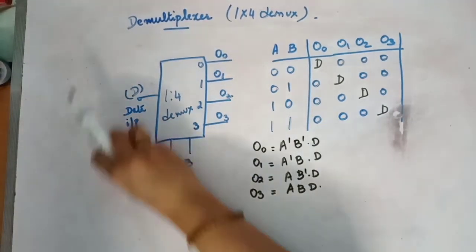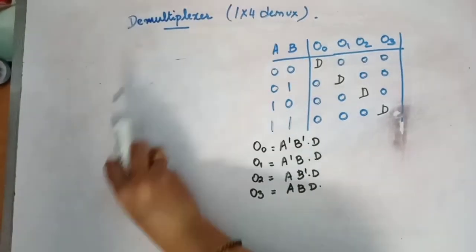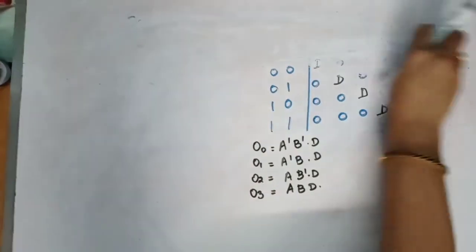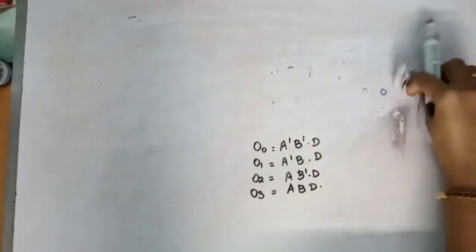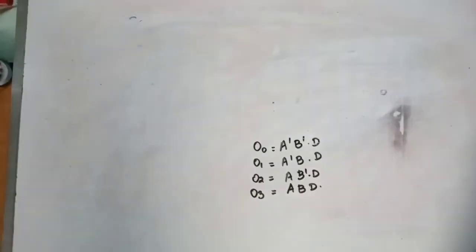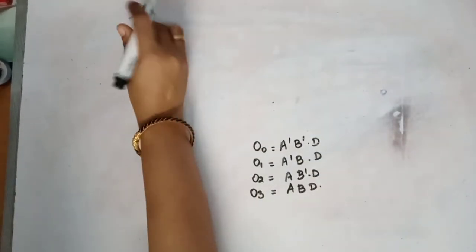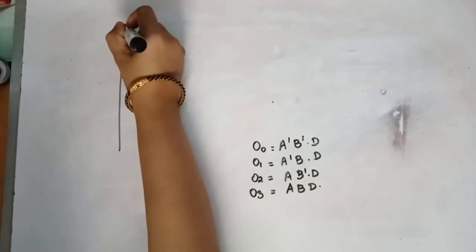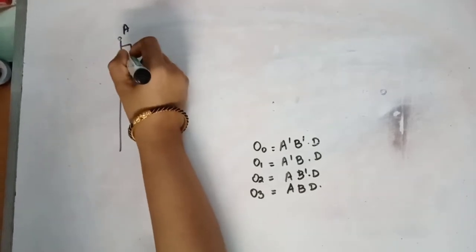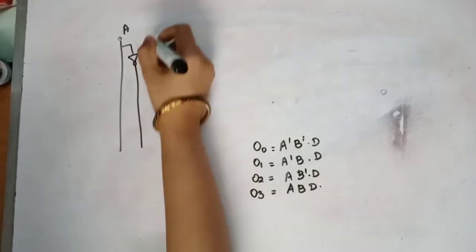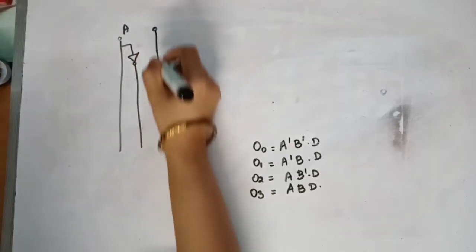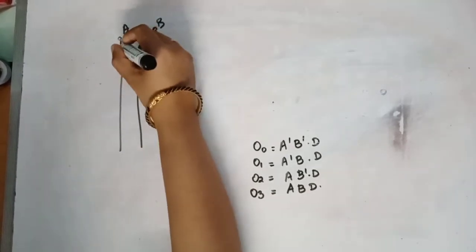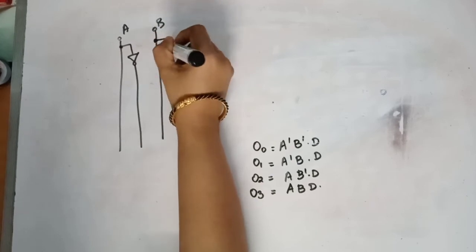So how will we draw this using logic gates? So here we have A, A bar, B and B bar.